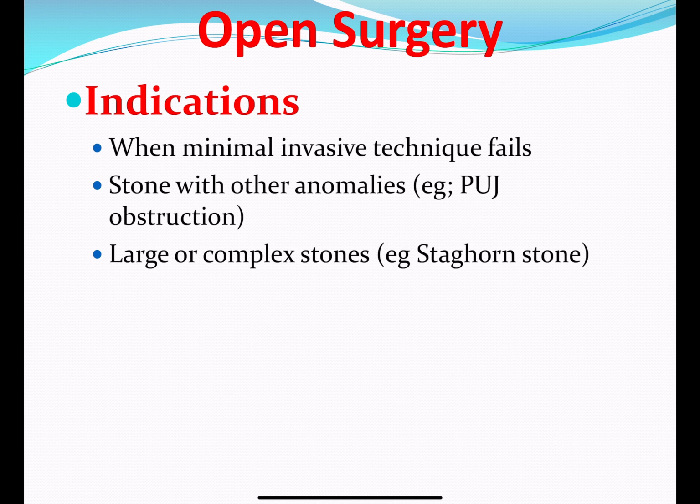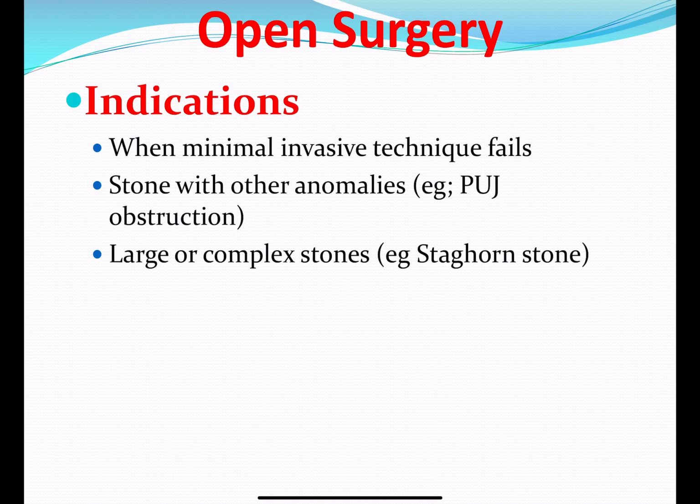Open surgery. In today's time, the indications for open surgery are very limited. Mostly we follow minimally invasive techniques for most stones, but we still have some indications for open surgery: when all the minimally invasive techniques fail, or when you don't have those techniques available, then you can go for open surgery.